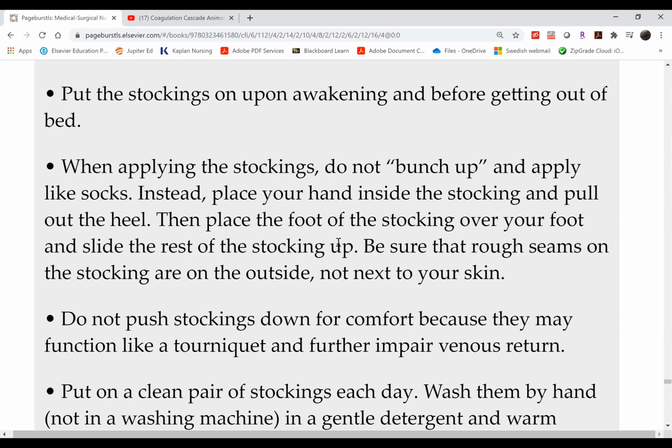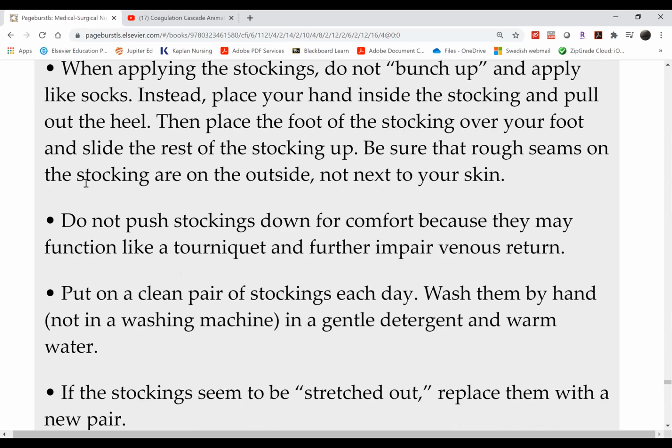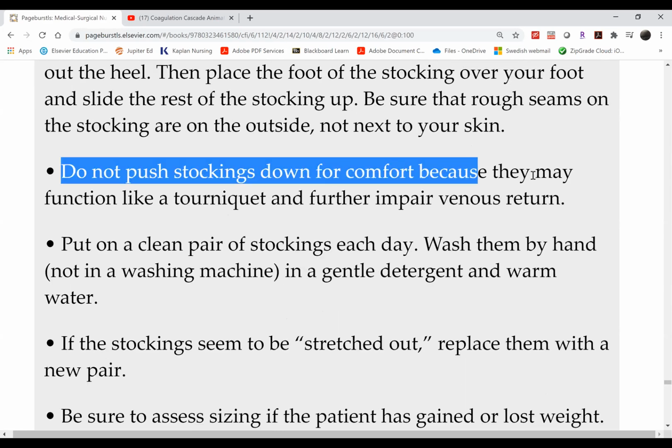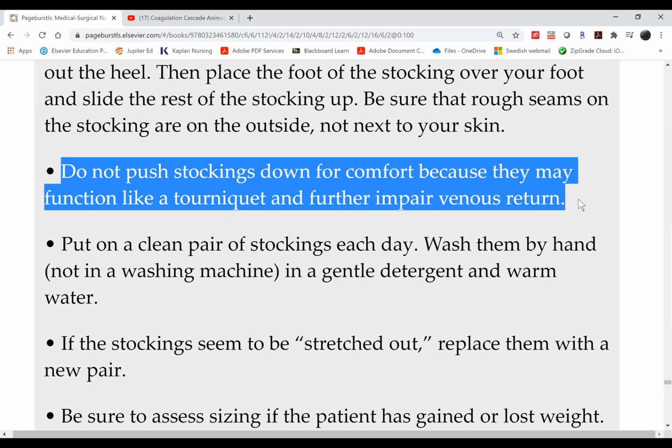No need, because the stocking has a hole at the tip. So you put the Ziploc bag on and then you slide the stocking over. It'll be the easiest way to put these things on. Do not push them down because they will make your legs look like the Michelin Man.